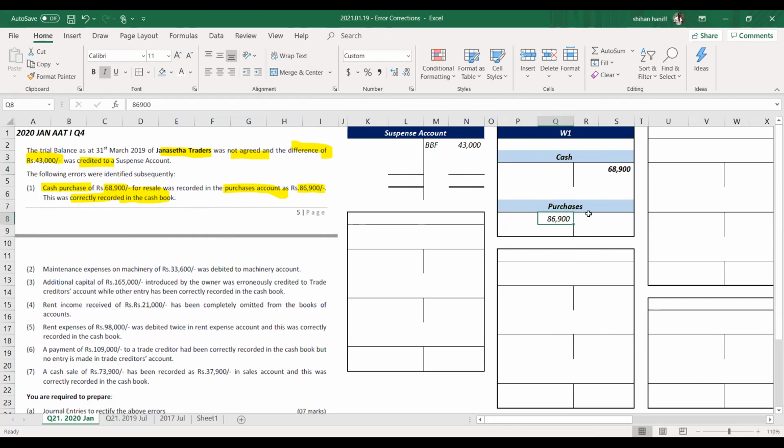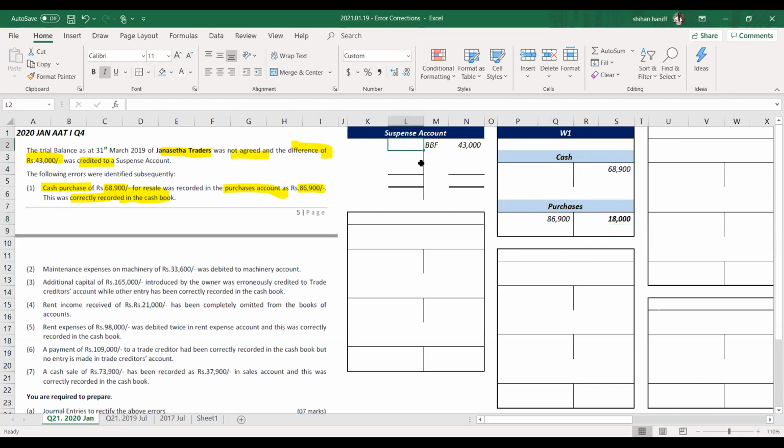You have to take this balance to 68,900. How much is more? 18,000 more. So therefore, we have to deduct 18,000 from the purchases, and once you deduct 18,000 from the purchases, the transaction will be corrected.